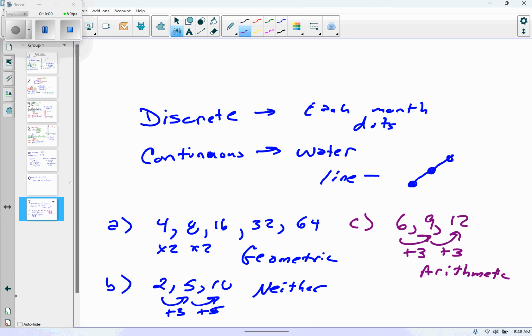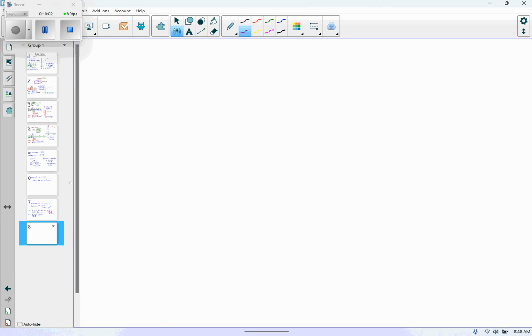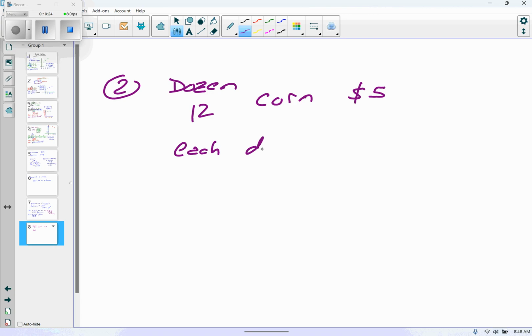Okay, on page 99, it says find the unit of rate for each of the terms. A dozen ears of corn costs $5. So a dozen means 12. A dozen corn costs $5. So that means each dozen you add 5 to it. Okay, so this is our rate.